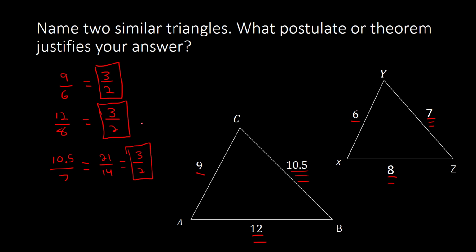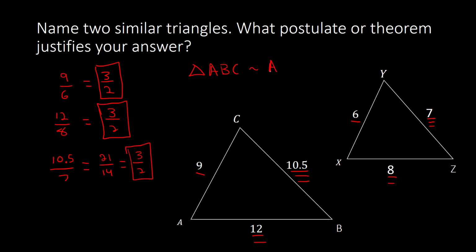Now when you write that we have two similar triangles, just make sure that we are pairing up the corresponding vertices together. So if I said triangle ABC is similar to the other triangle, well, the A corresponds with the X. The bottom left corresponds with the other bottom left.